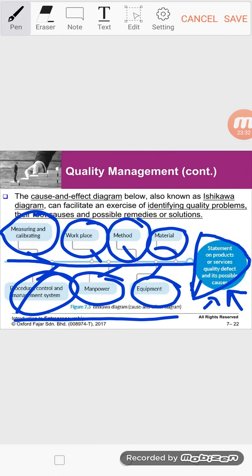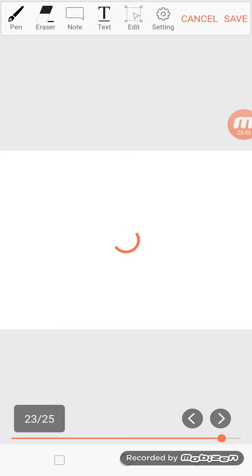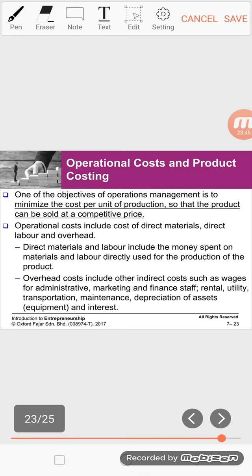Okay, so all the elements, all the factors that could contribute to the problems tu kita akan tuliskan ke setiap satu ni, and then they will discuss it, and then kita akan cubalah cari solution dia.